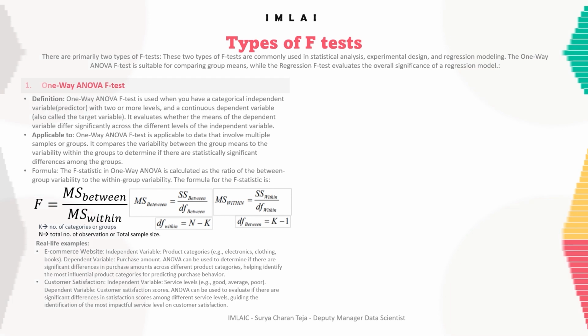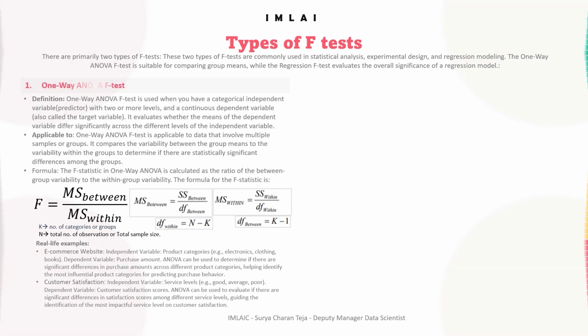ANOVA can be used to evaluate if there are significant differences in satisfaction scores among different service levels, guiding the identification of the most impactful service level on customer satisfaction.